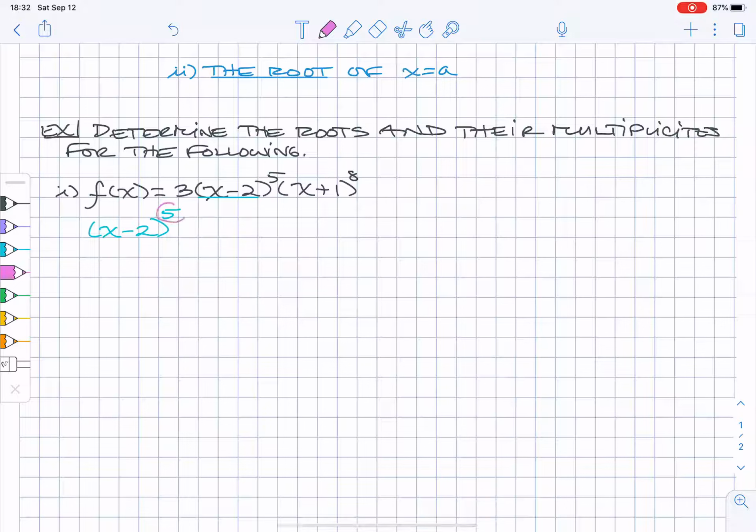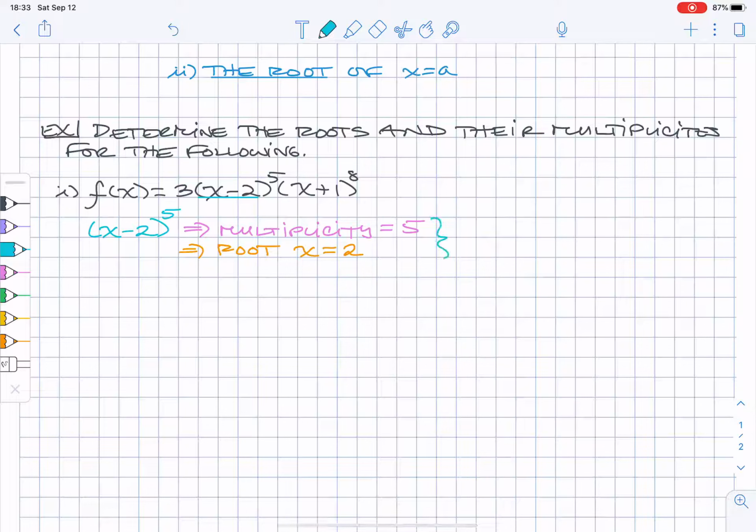So 5 is the multiplicity. Multiplicity is equal to 5. But what is the root? The root is the value of x that makes this 0. So do you agree that 2 minus 2 is 0? So the root is 2. The multiplicity is 5.